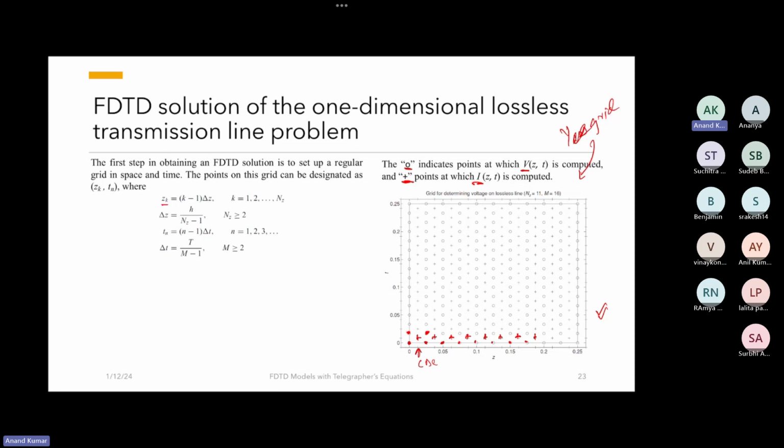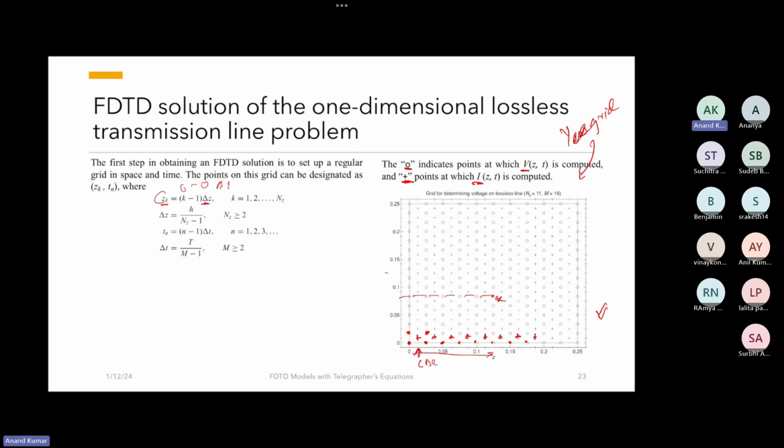For example, if this is the kth node, the kth node corresponds to (k minus 1) times delta Z. So if this is 1, 2, 3, 4, 5, 6, and since this is 0, this is (6 minus 0) times delta Z, and this will give you the length which you have covered.